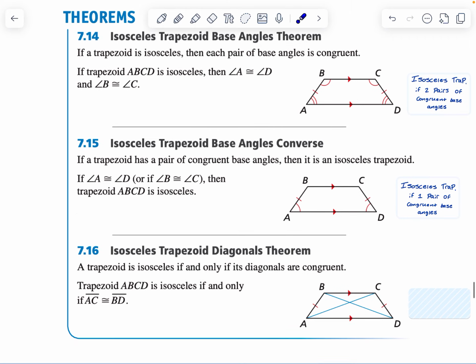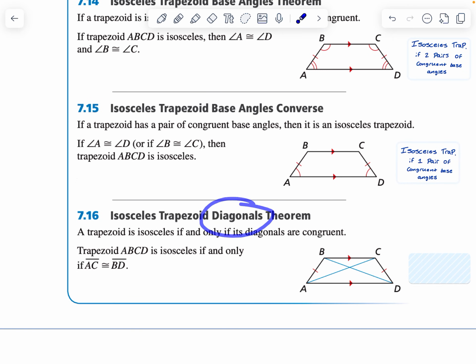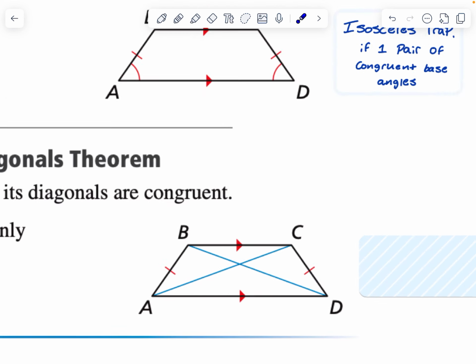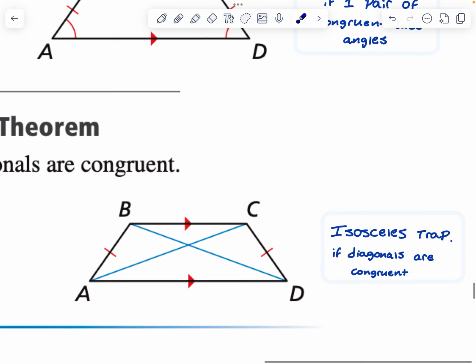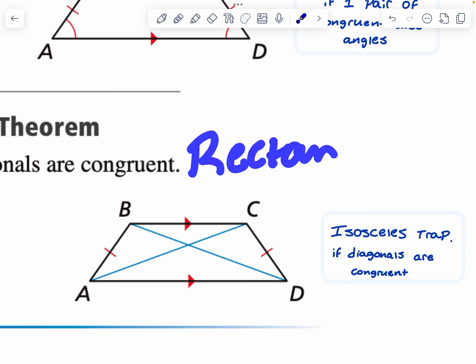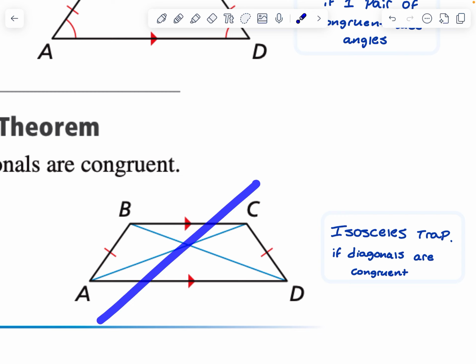And then the last property that we have is regarding the diagonals. A trapezoid is isosceles if and only if the diagonals are congruent. This is a shared property that it has with rectangles. Clearly, we know that this is not a rectangle for a couple of reasons. One, it's not a parallelogram.